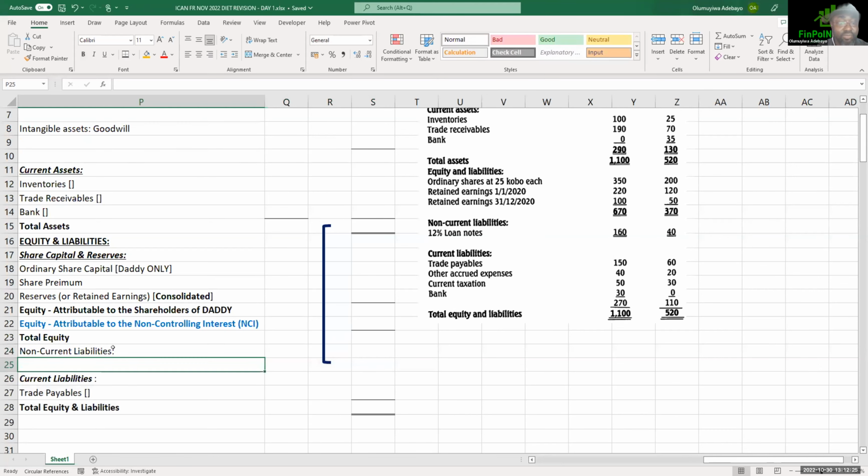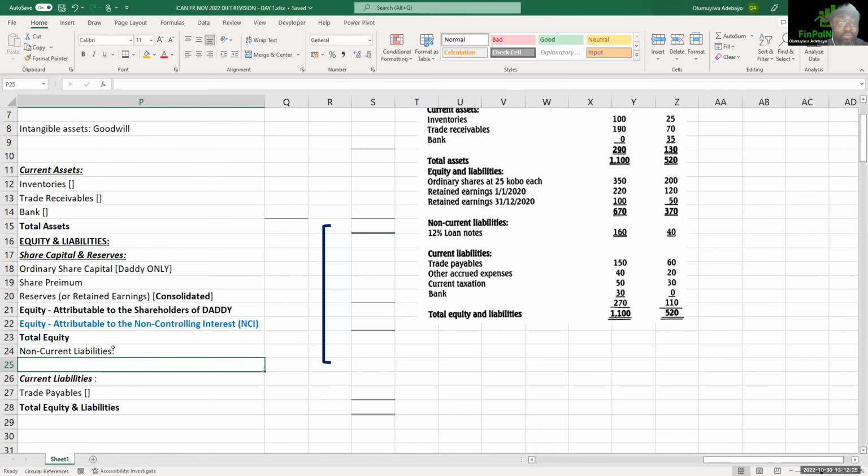I have other accrued expenses. I have current taxation. And I have bank overdraft. Okay. Now let's start our consolidation.